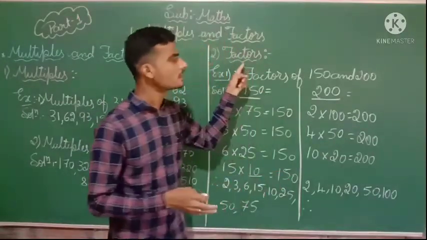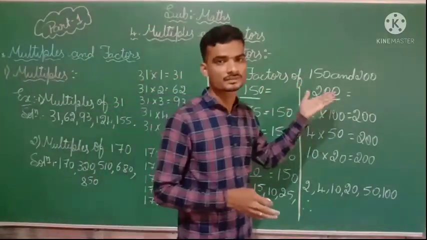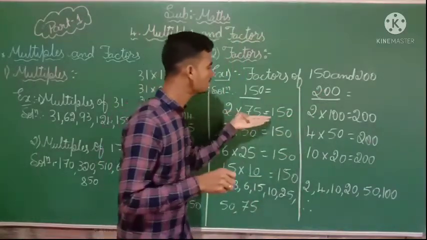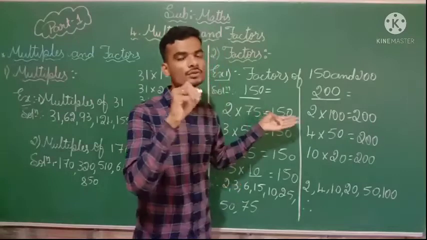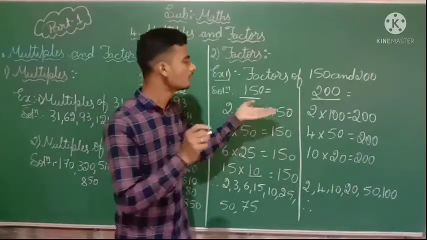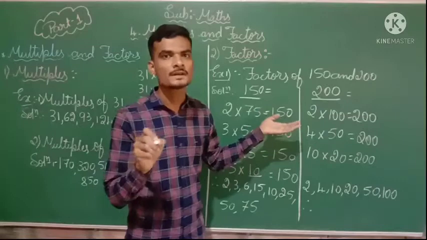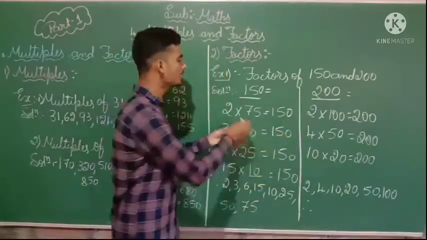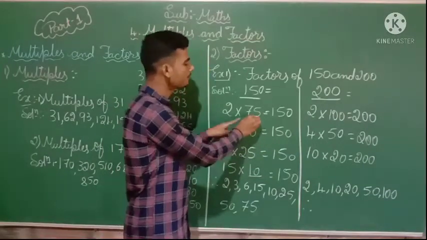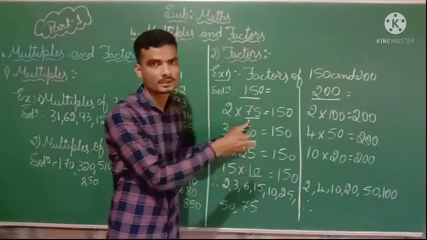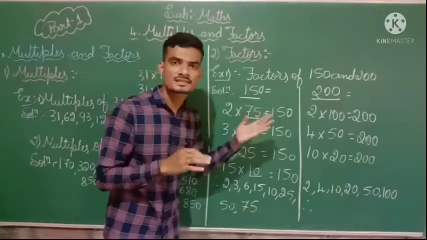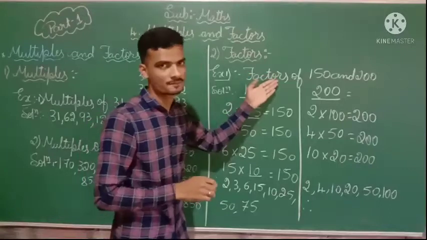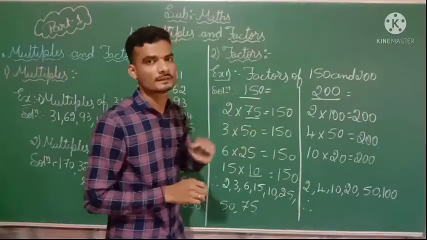We have discussed this by using a division method. 2 into dash is equal to 150: you write 2 in the divisor part, 150 in the dividend part, then divide the number, and the quotient you get, you write here. Here I have written directly. If you need, you can follow that step itself to find the factors. Both are correct ways.